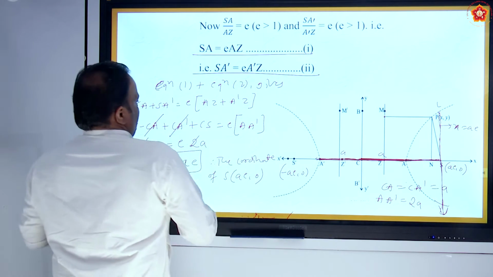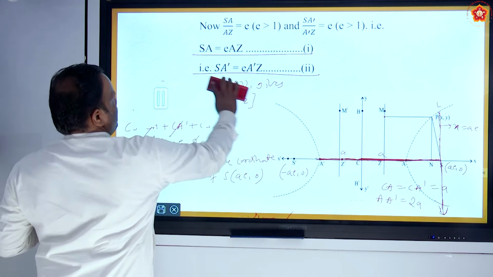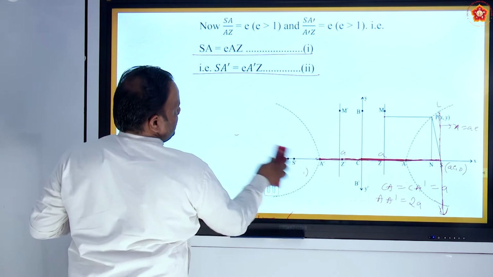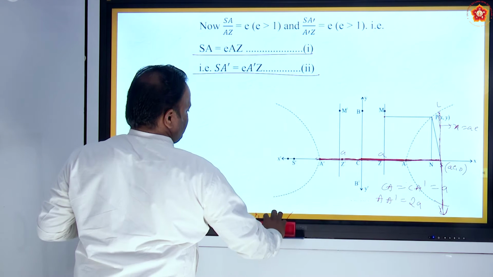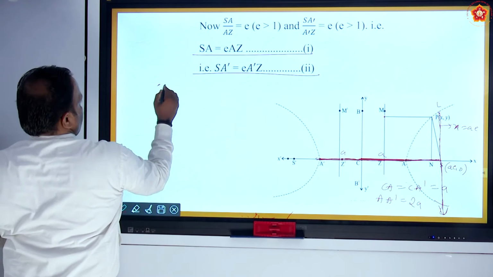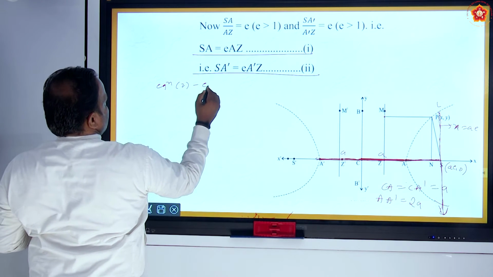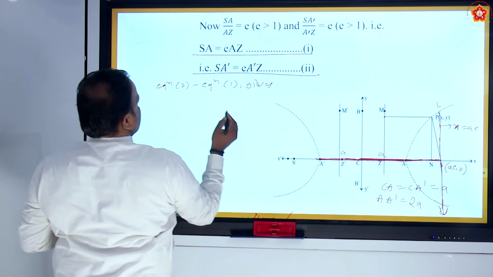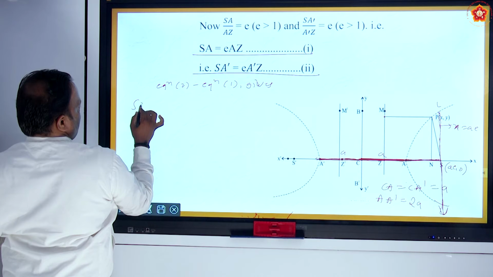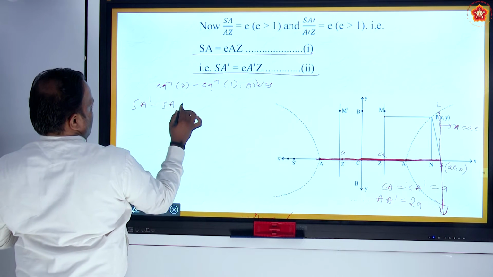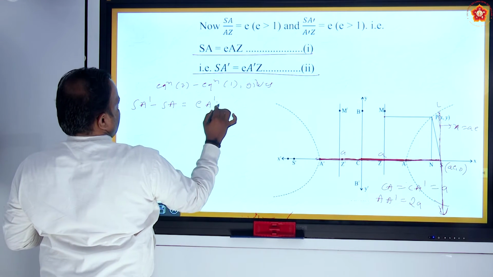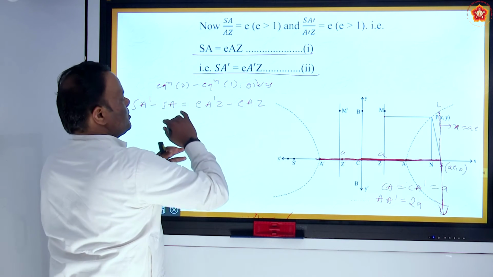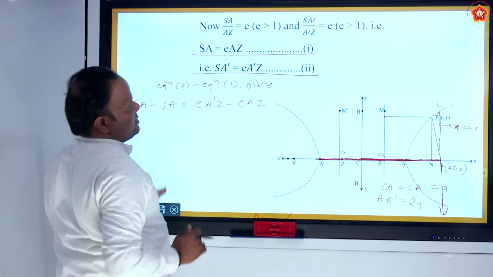Again, equation number 1, equation number 2. Now equation 2 minus equation 1, subtract 1 from 2, gives SA dash minus SA equal to EA dash Z minus EAZ. Correct? LHS minus LHS, RHS minus RHS.